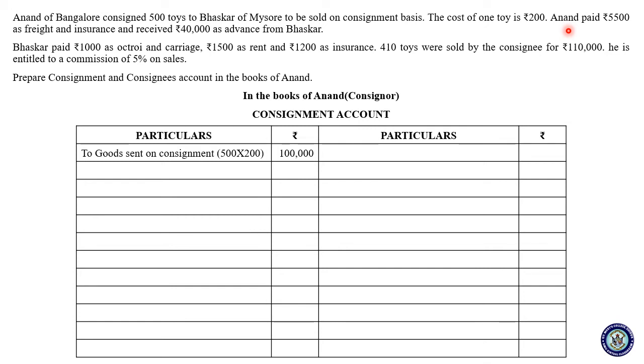Okay, next. See the next one. Anand paid 5,500. Now who is Anand? Is the consignor. So we are preparing the books of consignor. So you have to write to bank account. That is expenses. That is freight and insurance.